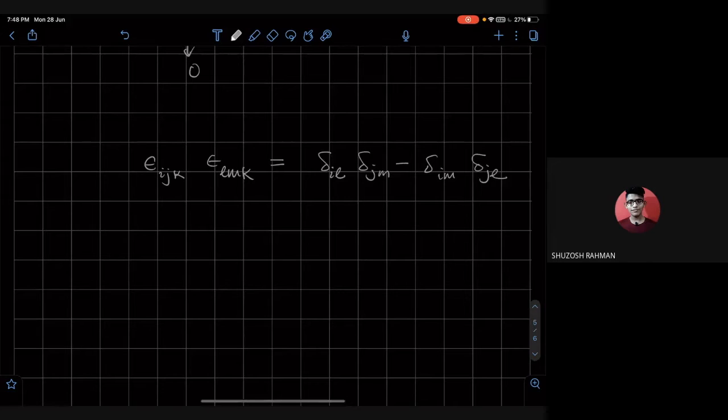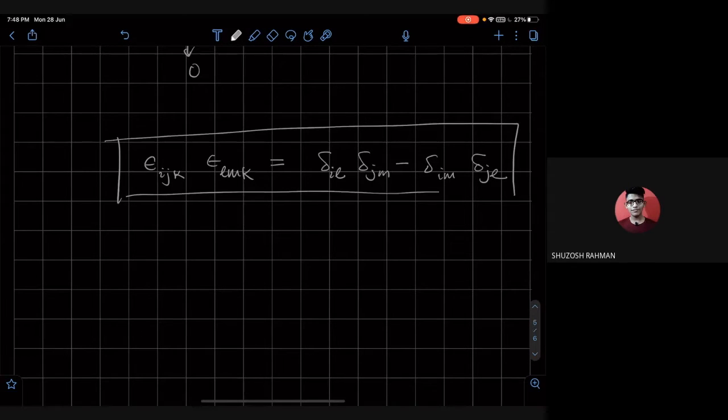Okay, so this is a very useful identity. Whenever you're doing angular momentum stuff, you might want to use this.